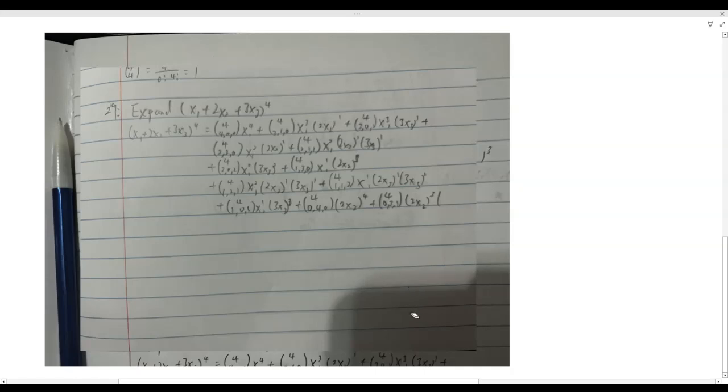So 1, 2, 3, 4, 5, 6, 7, 8, 9, 10, 11, 12. How many terms should we have? It should be 15 total. I don't really know, because each one has a 3.